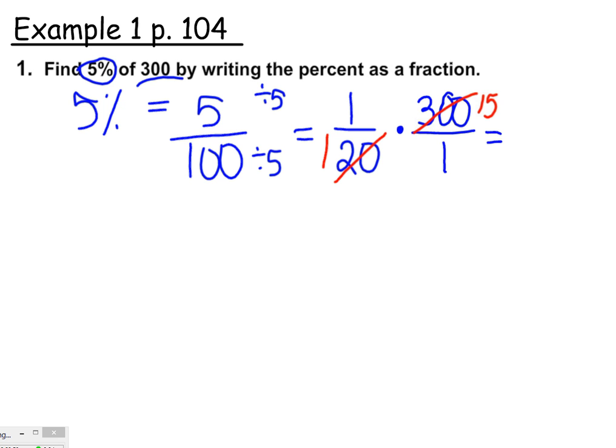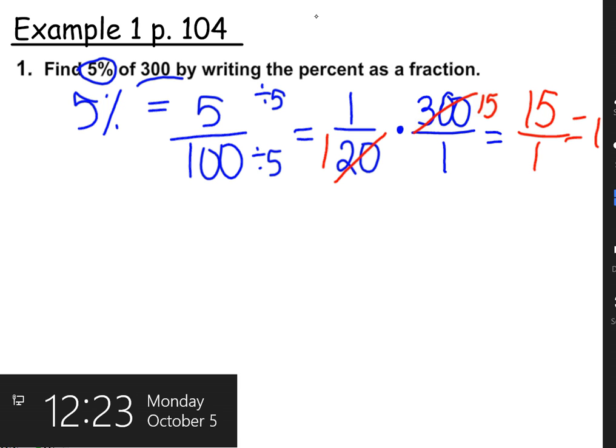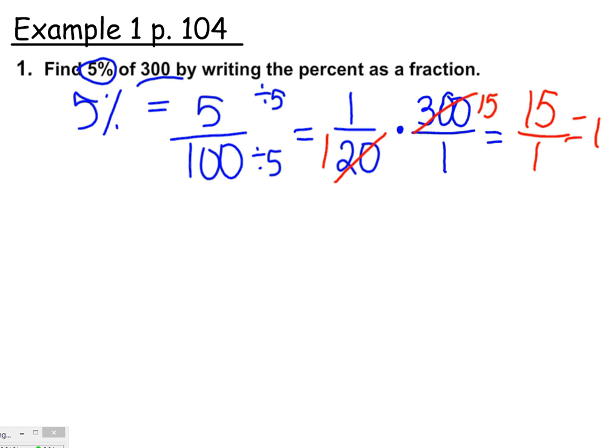Now we can multiply across. 1 times 15 is 15. 1 times 1 is 1. 15 over 1 is simply just 15. And we're finished. Okay. If you have any questions about example 1, please go ahead and write them down now.